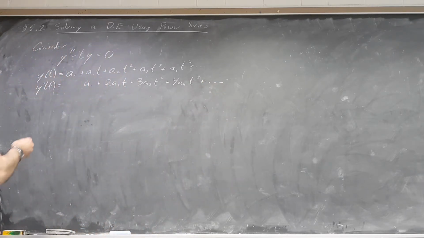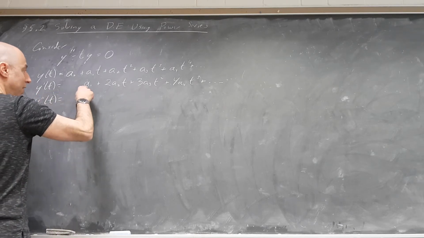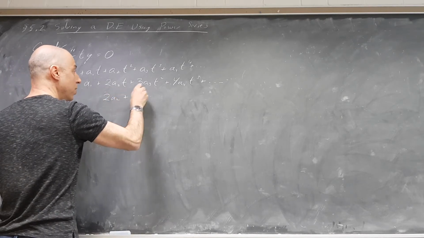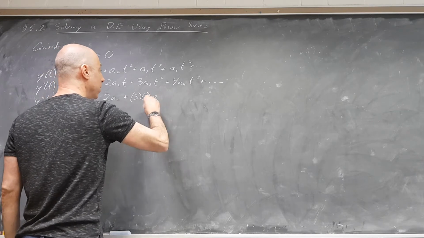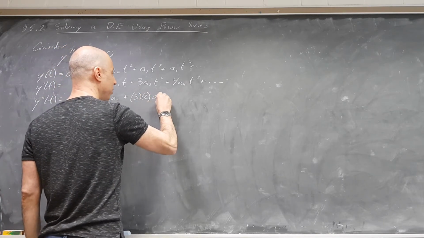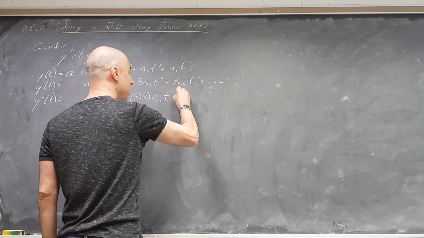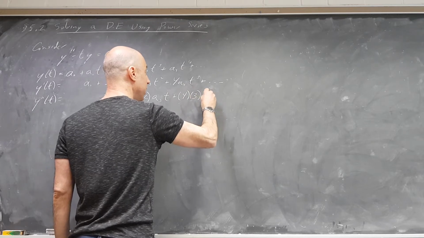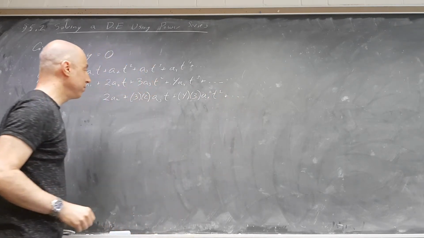And the second derivative, y double prime of t, so that goes away. We end up with 2A2 plus 3 times 2, or 6, A3t plus the 3 comes down, so 4 times 3 A4t squared plus and so on.